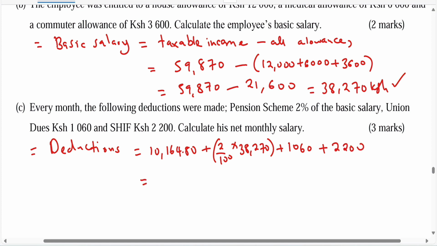So how much should it give you? 10,164.8 plus 2% times 38,270 plus 1060 plus 2200, which is supposed to be 14,190.